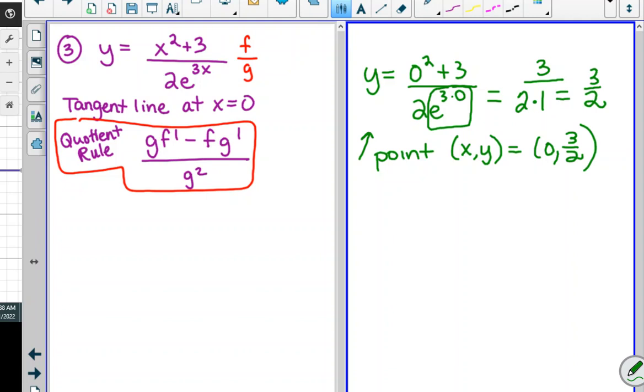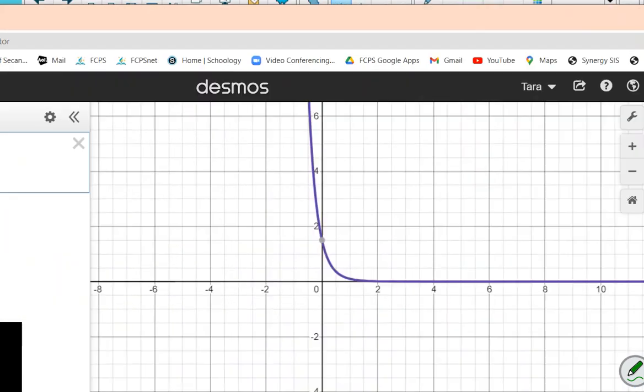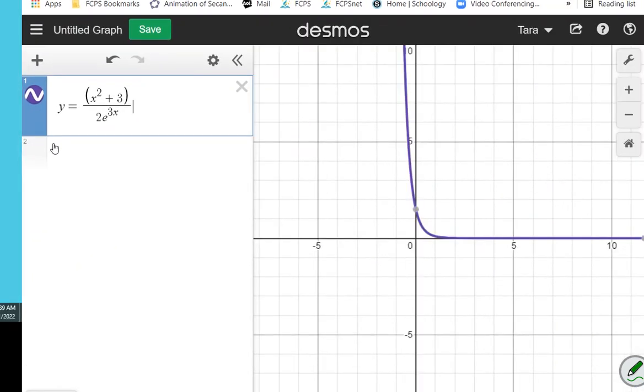If you're uncomfortable, you can absolutely put that in your calculator. You just have to be really careful about numerator and denominator if you're using a handheld, that you've got the groupings done together. Desmos actually does stuff like that really nicely. If you haven't played with just doing calculations on Desmos, that's one of my favorite things about it.